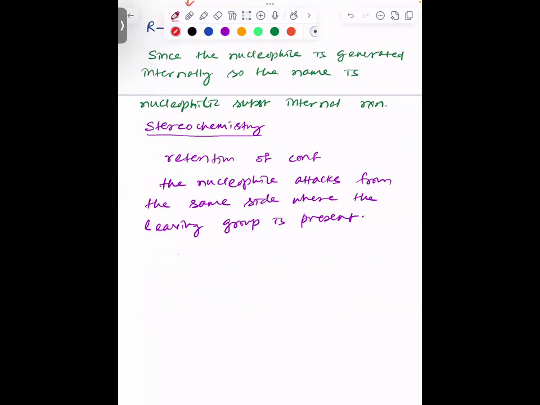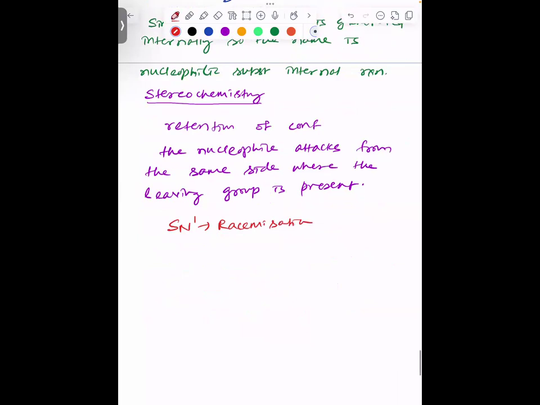Then we see SN1: racemization, that means more inversion and lesser retention.